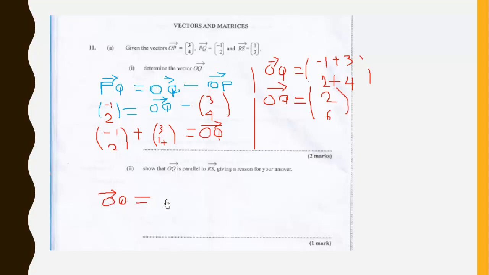So OQ can be rewritten as 2 outside, then 1, 3.